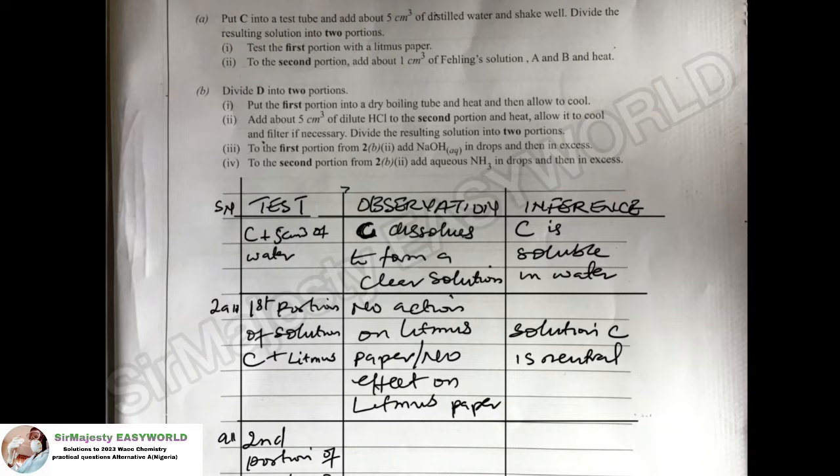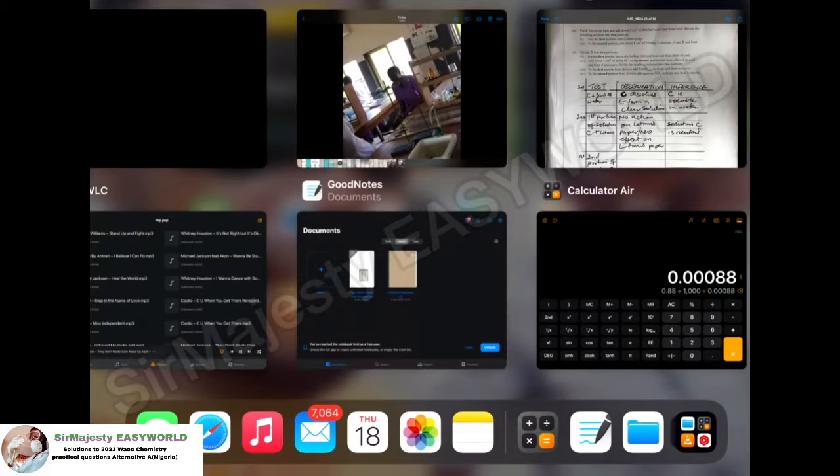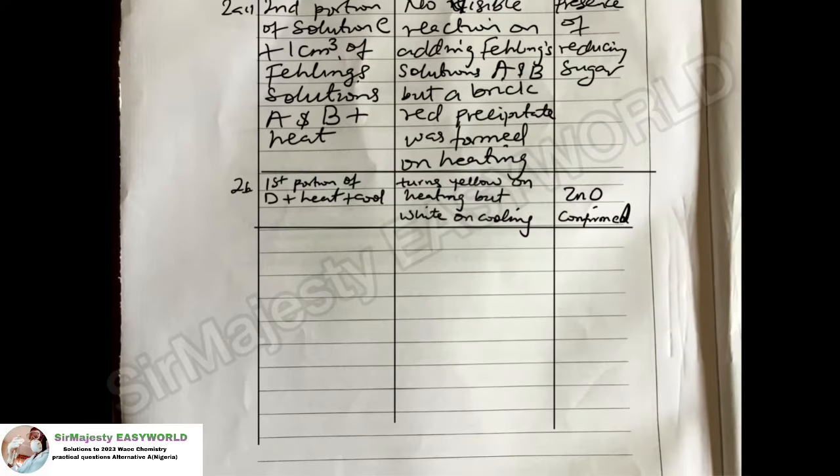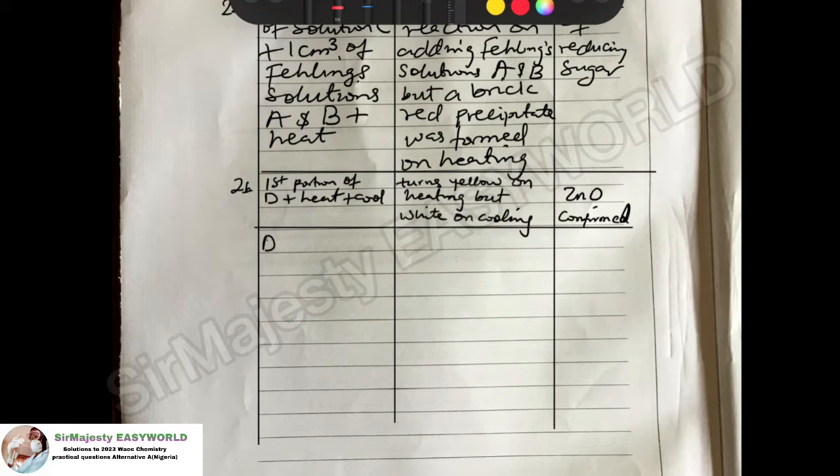So it will dissolve, but there won't be any effervescence. This is where most students or the schools that have the wrong sample will get it wrong. So over here you say D, because it wasn't numbered: D plus 5 cm cube dilute HCl aqueous plus heat.